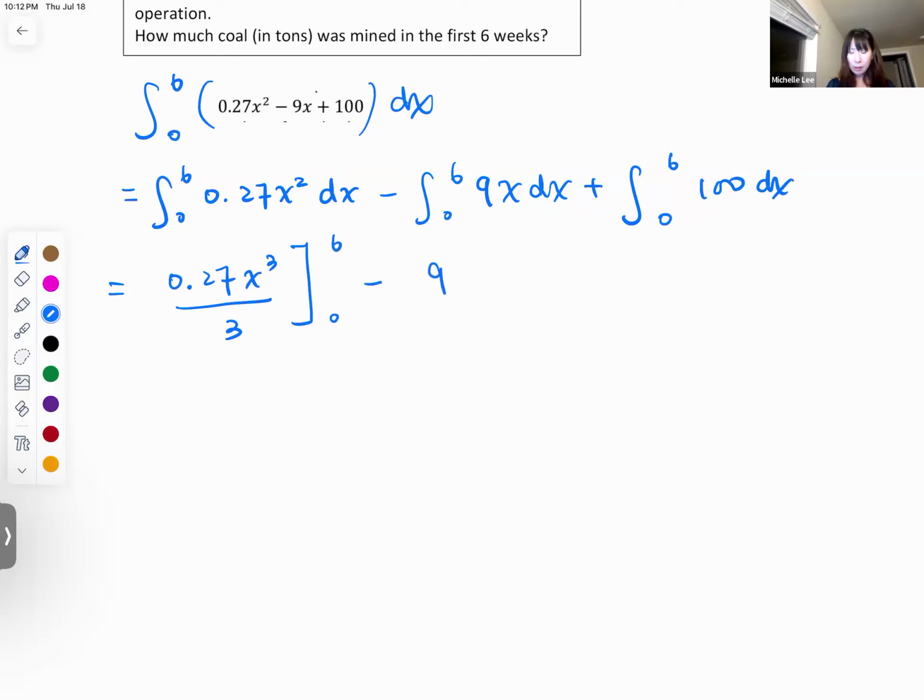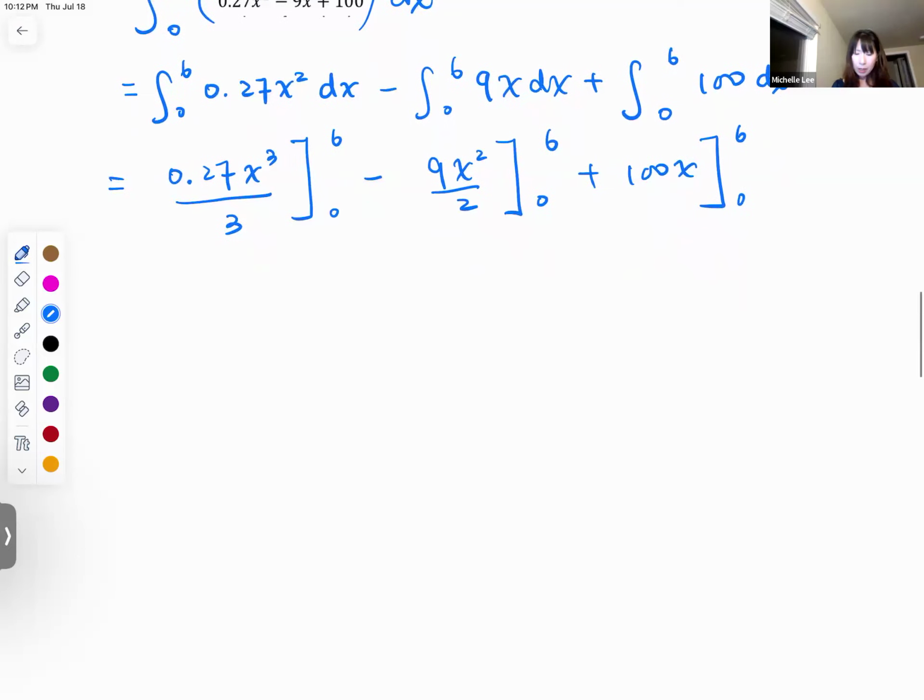For 9x, we add 1, so x to the second power over 2 from 0 to 6, plus 100x. So 100x over 1, the over 1 we did not write down, from 0 to 6. Is that okay? All right.